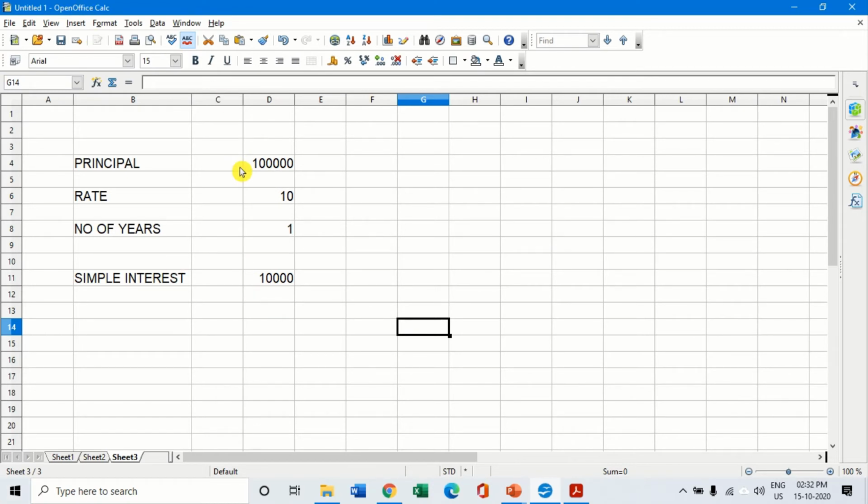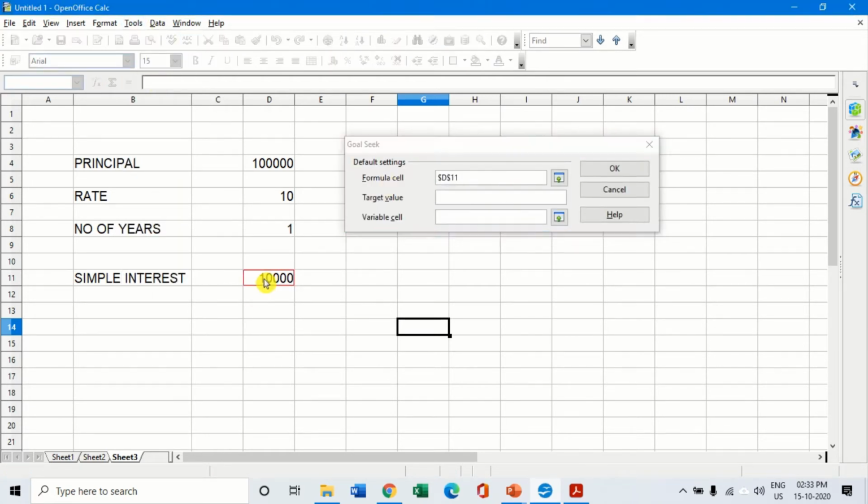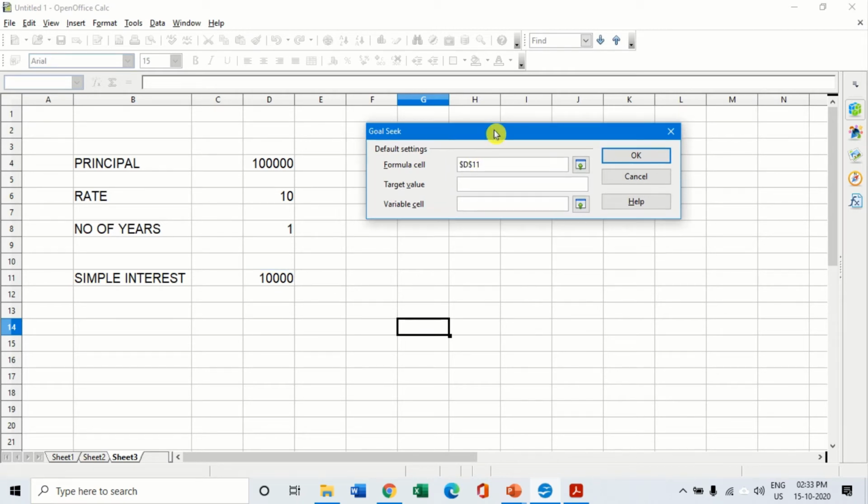So this way I can have different goals. My goal is the one which I need to achieve, and using this I can find the answer. Let me once again say tools, goal seek. This time the formula is the same. My target value for simple interest, let's take 25,000 rupees, and I want to change my principal amount, the rate remaining 10%.